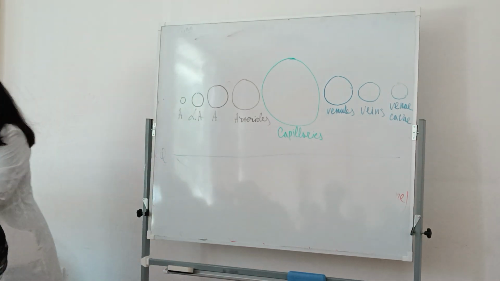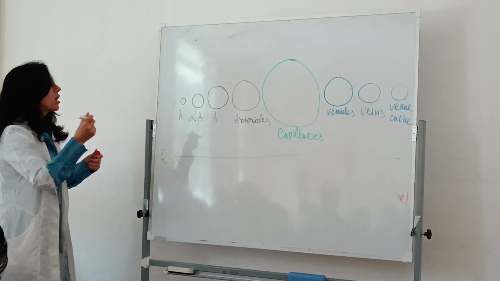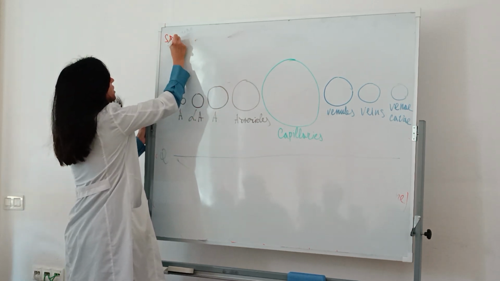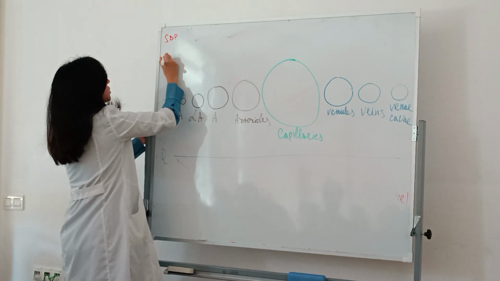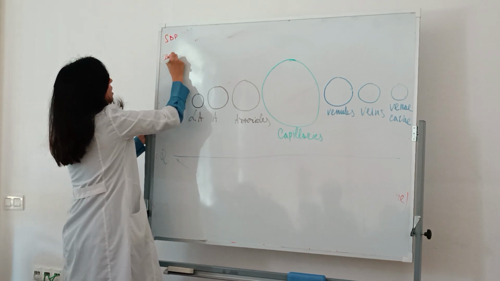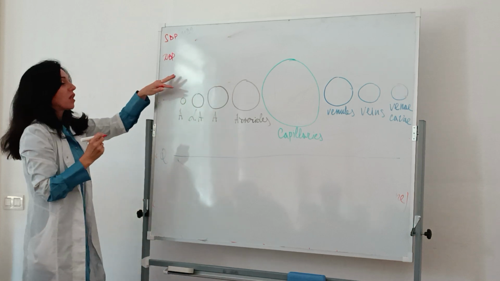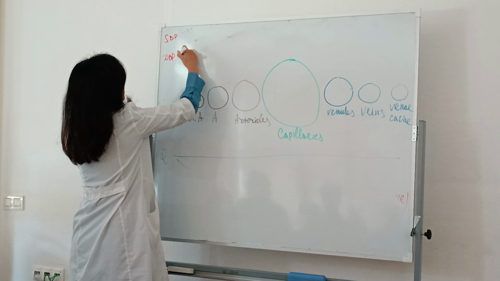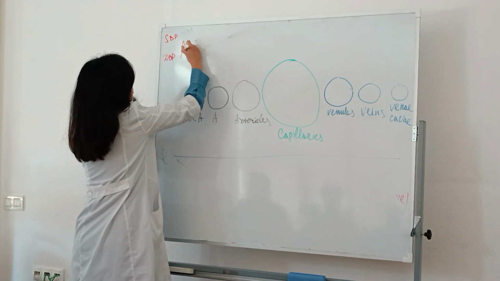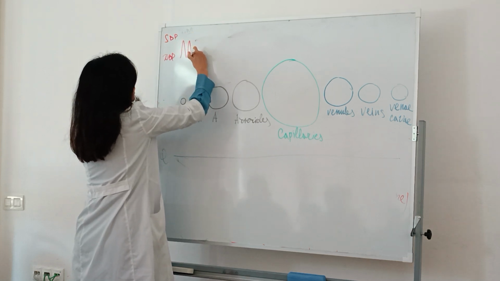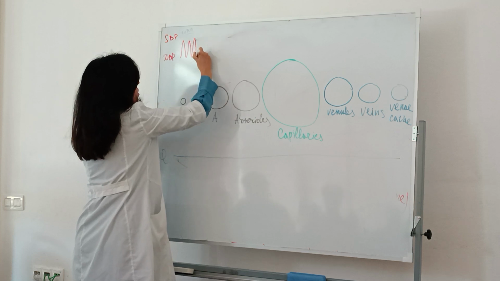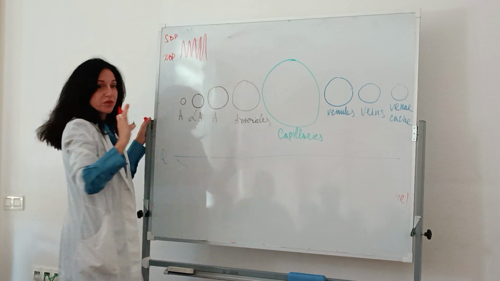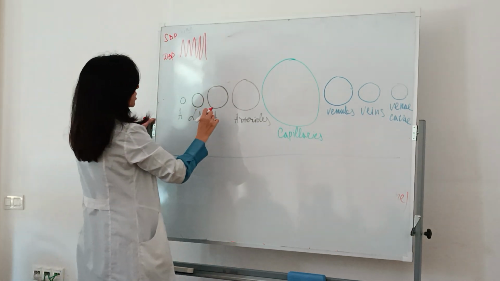I will draw the blood pressure gradient, with systolic and diastolic blood pressure. They are very different in the large arteries, in the aorta. Then it becomes a little more in large arteries due to some physical loss.